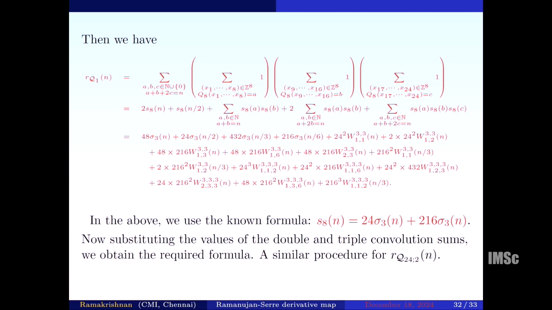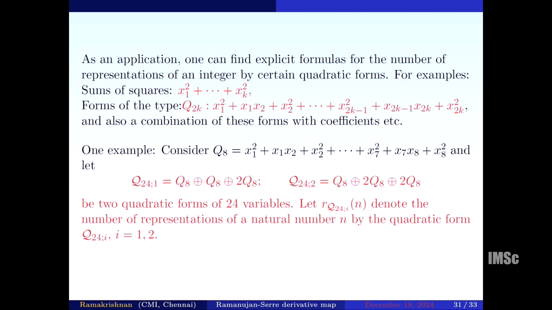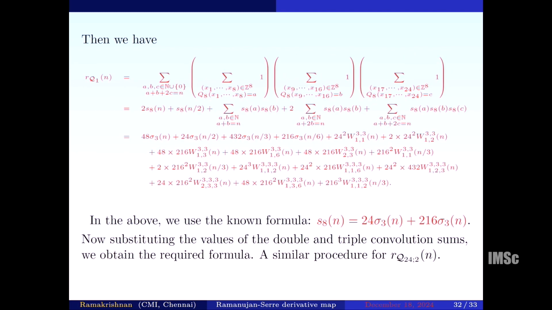We have S8 n for the 8-variable Q8, for which we know the formula, given by 24 sigma 3 n plus 216 sigma 3 n. Since we have three parts, this triple convolution sum plays a role here. Now substitute the S8 n formula, and all types of double convolution and triple convolution sums appear here. Substituting these values of the convolution sums, I get a formula for R Q n, and a similar procedure works for Q24-2.